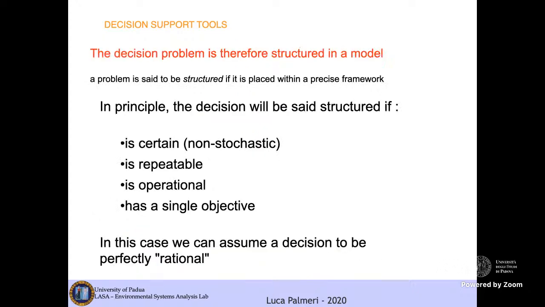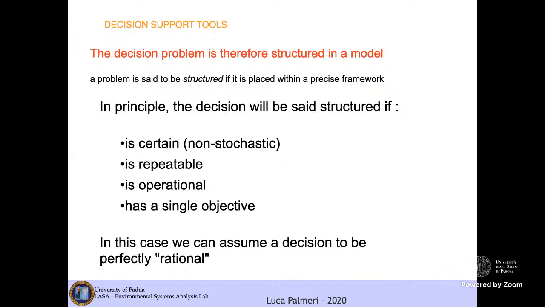The decision problem is therefore said to be structured in a model. A problem is said to be structured if it is placed within a precise framework. In principle, the decision will be said structured if it is certain, meaning non-stochastic. We are trying to put into the background the randomness. It is repeatable, meaning that different decisors may come to the same decision.